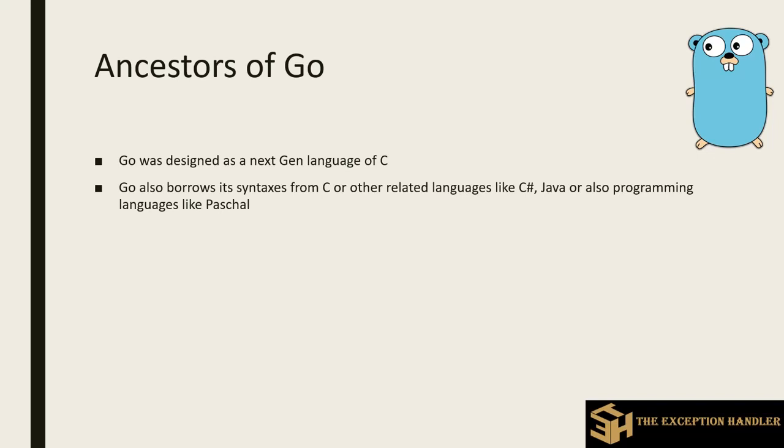Go also borrows its syntax from C or other related languages like C Sharp or Java. It also pulls some of its syntax from Pascal. So at times when you start coding in Go, you might get a very familiar sort of syntax that you might have used in C, C Sharp, Java, or similar languages.